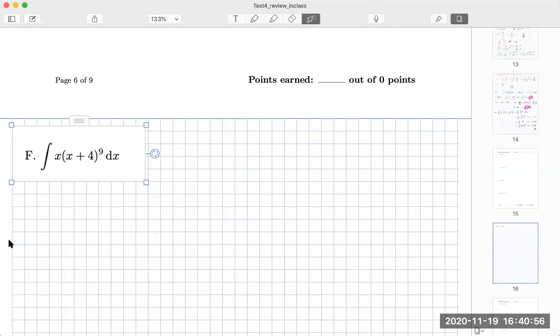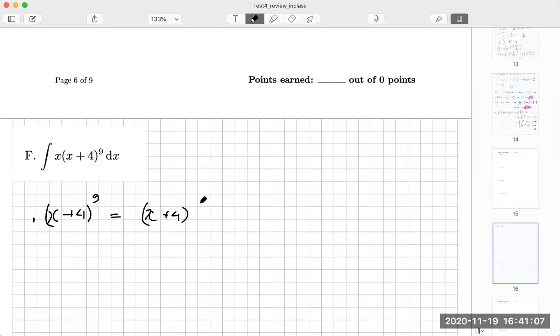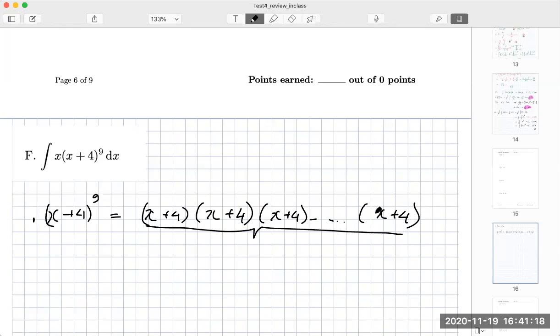So now let us try. We see x plus 4 to the 9. It will be x plus 4 times x plus 4 times x plus 4, 9 times, right? If you want to FOIL it, it will be x to the 9 plus something, too many terms here.